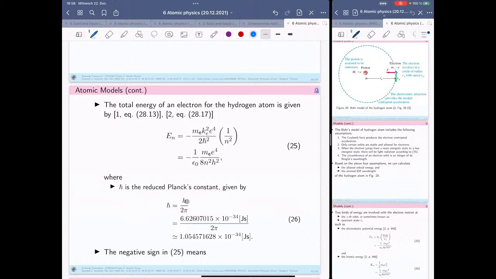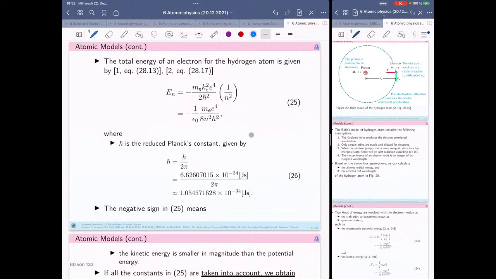You know that h is the typical Planck constant, but if you divide it by 2 pi, the circumference over the radius, you would get h-bar, which is 1.05. Everything is the same. You just divide by 6.28 and so on, which is why it remains 1.05, times 10 to the negative 34 joule second.